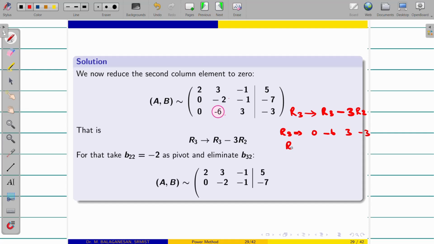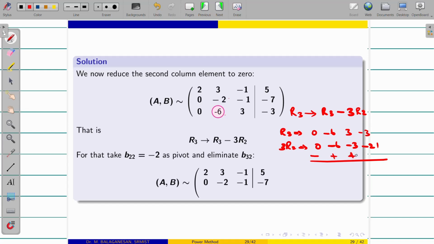My R2: I have to multiply by 3 and then subtract it. 3 into R2: 0, minus 6, minus 3, minus 21. Now we have to subtract it. Minus, plus.